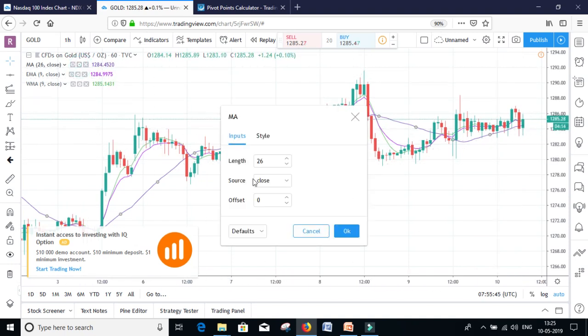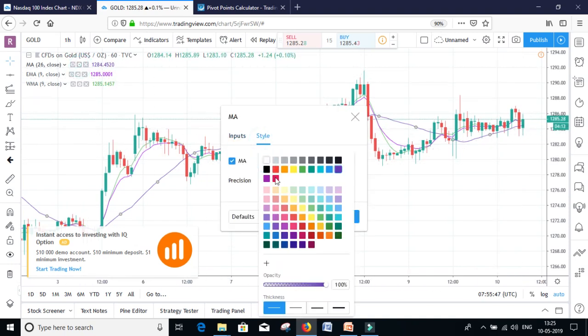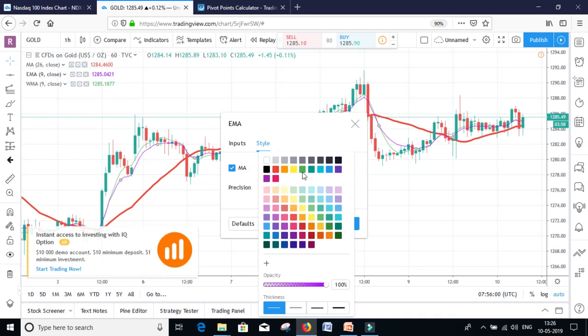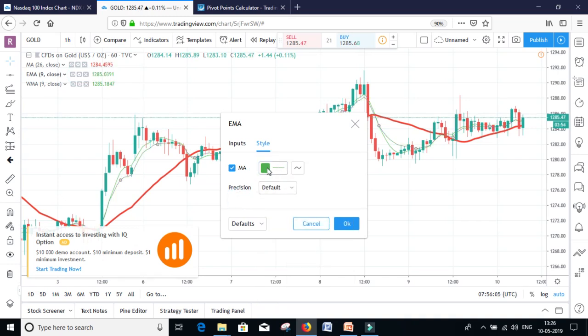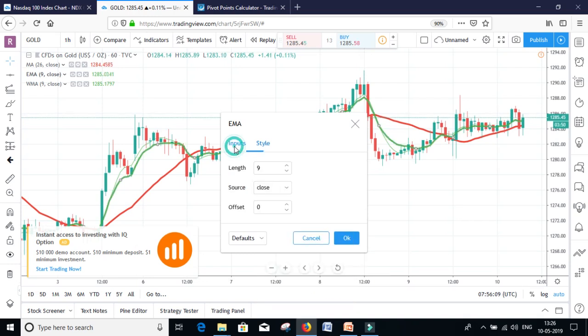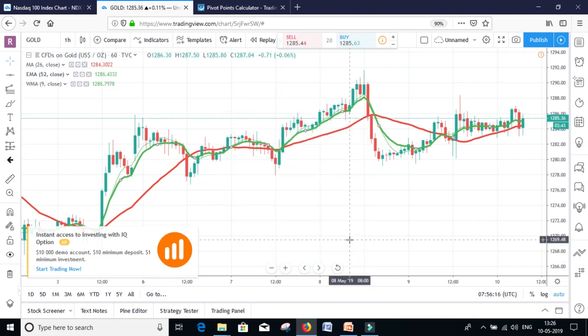For the 26 candle moving average, the style color we use is red, and the thickness is broader, so that we can easily differentiate it. Then we take the second one, the color is green, the input is 52, and that is exponential.